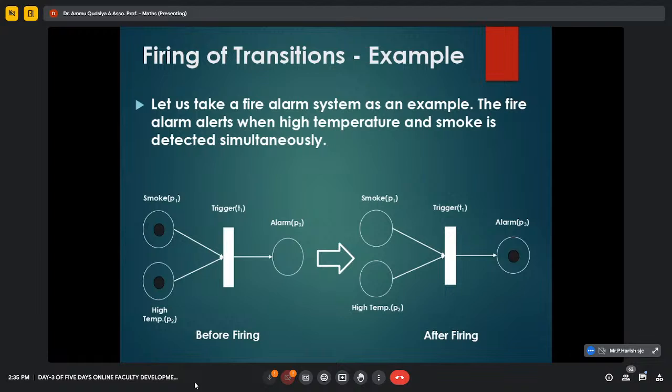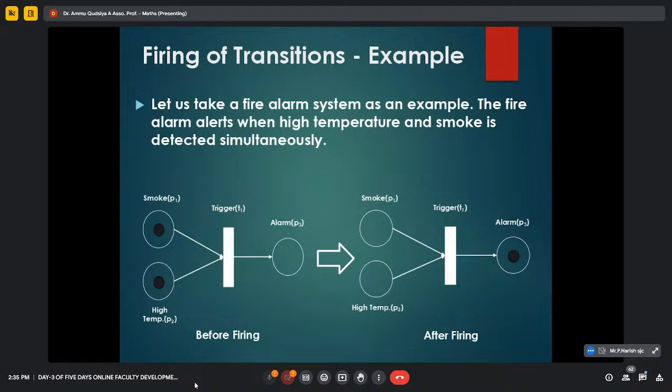If you see this Petri net model before firing, I have used three places. The first place is smoke, the second place is high temperature. If there is a token inside the smoke place and a token inside the high temperature place, it says that smoke and high temperature are there. At that condition, the alarm should be triggered.